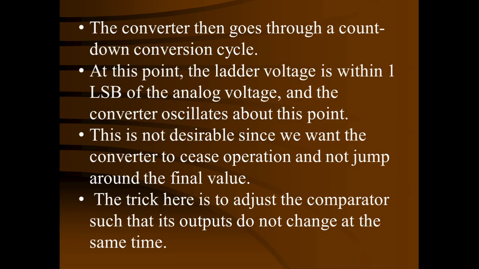This is not desirable since we want the converter to cease the operation and not jump around the final value. So what happens now? Think about it. If the reference voltage is lower than the analog input voltage, the count up output of the comparator is high.